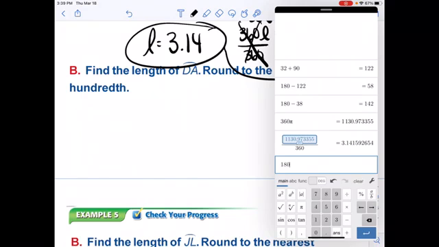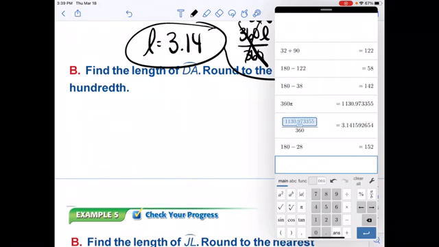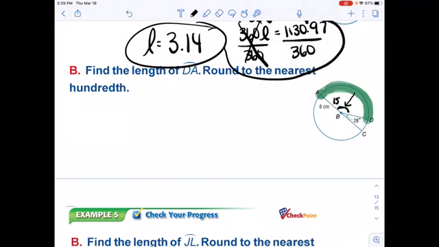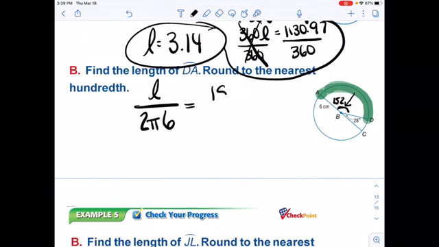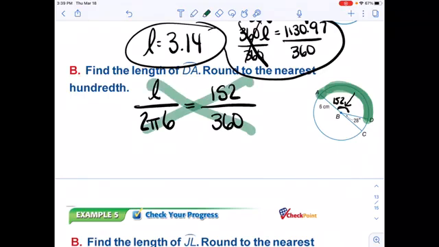You need to take 180 in this case, minus 28 to find out what you will plug into your proportion, okay? So we're finding the length again, so length over the circumference, so 2 times pi times 6, which is the radius, equals 152 over 360. There we go. Sorry about that.